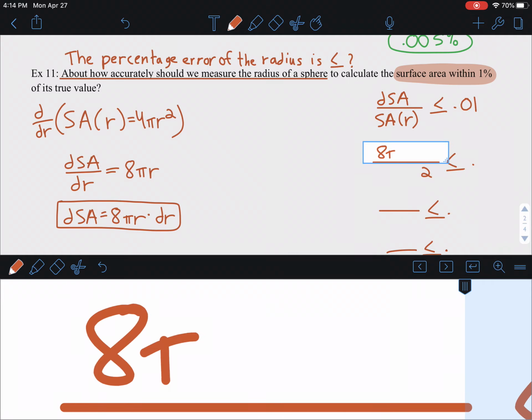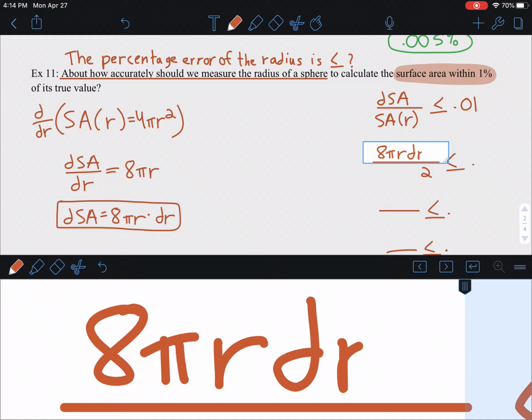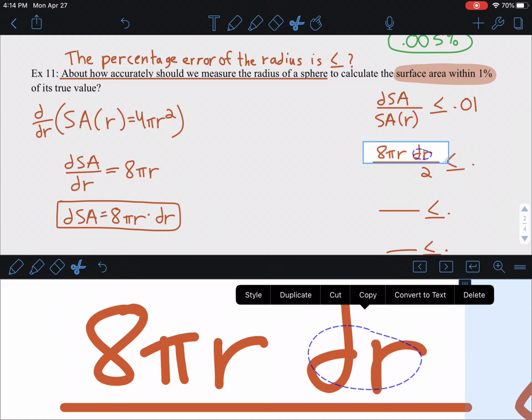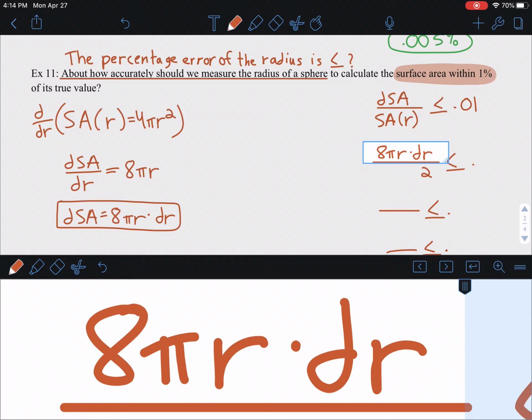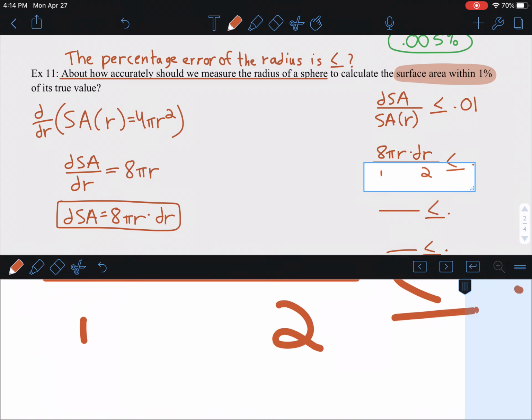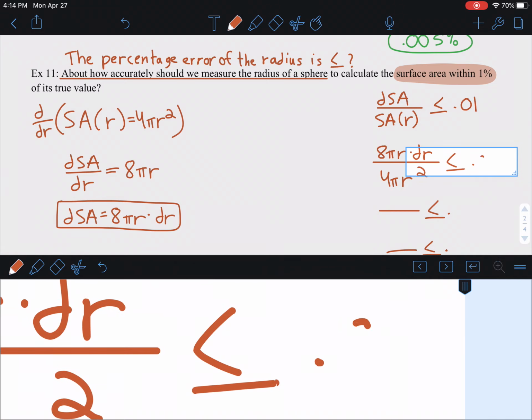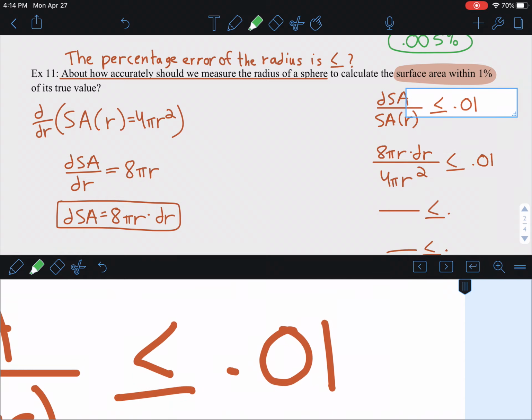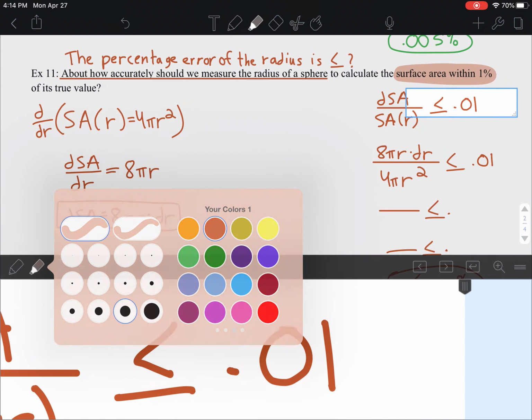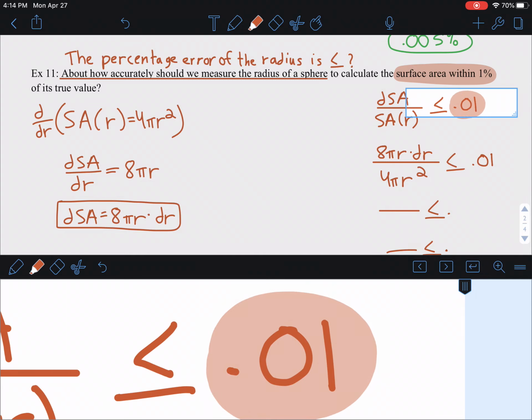So 8 pi r dr divided by the surface area, which is 4 pi times r squared. And again, this has to be less than or equal to 0.01. Again, the 0.01 is because we want the surface area to be within 1% of its true value.